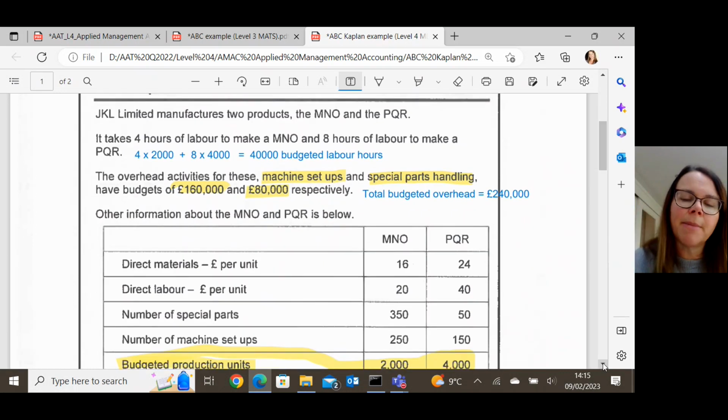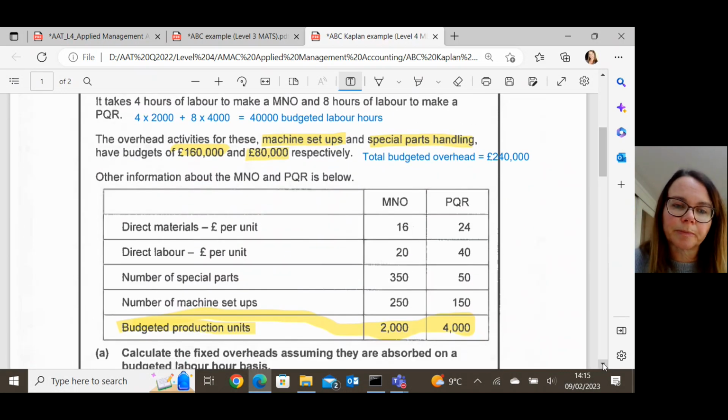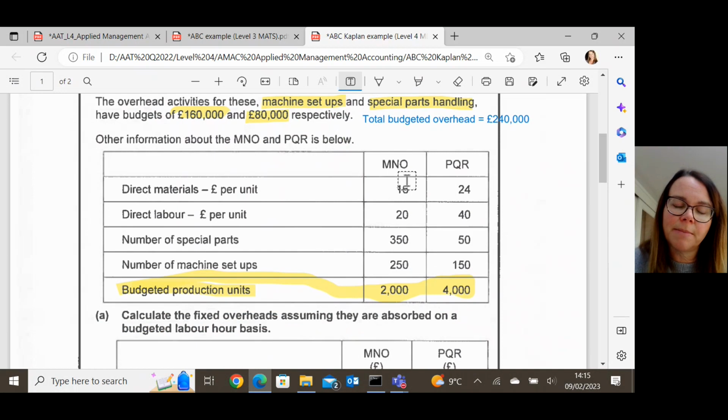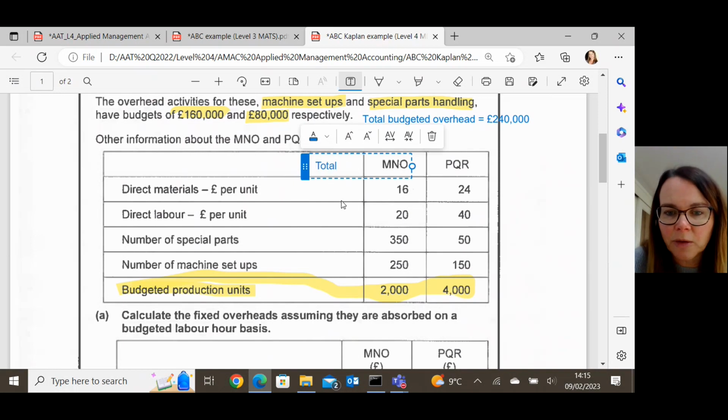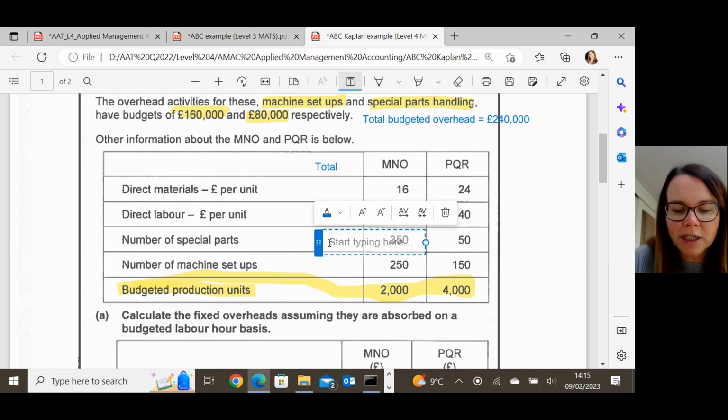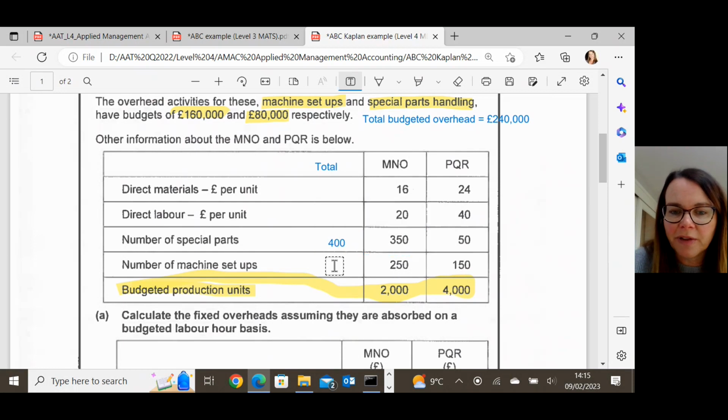Other information about the MNO and PQR is below. As before, we've got our material costs, our direct labour costs, and then we've got some information here that's going to help us for our activity-based costing. Unlike in the previous example, it hasn't told us the total, so I'm just going to add in a total column here and see that I need 400 special parts altogether, 250 plus 150.